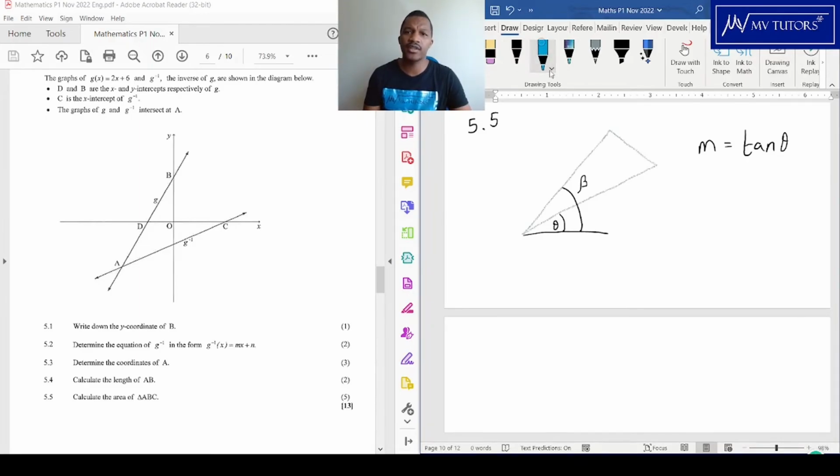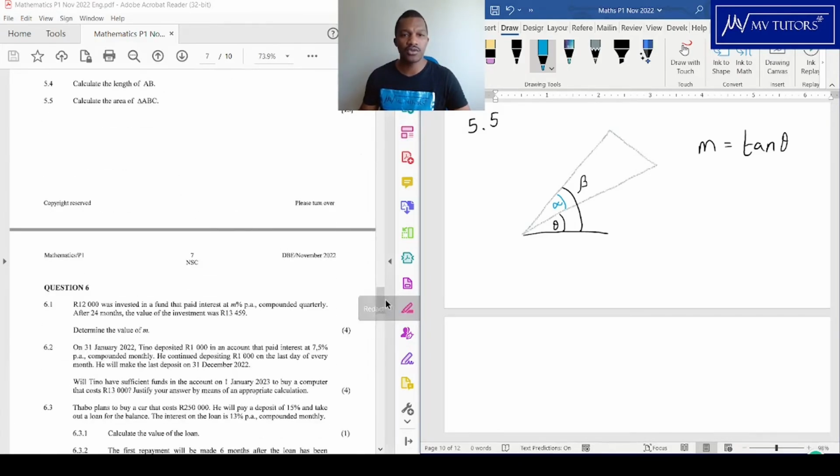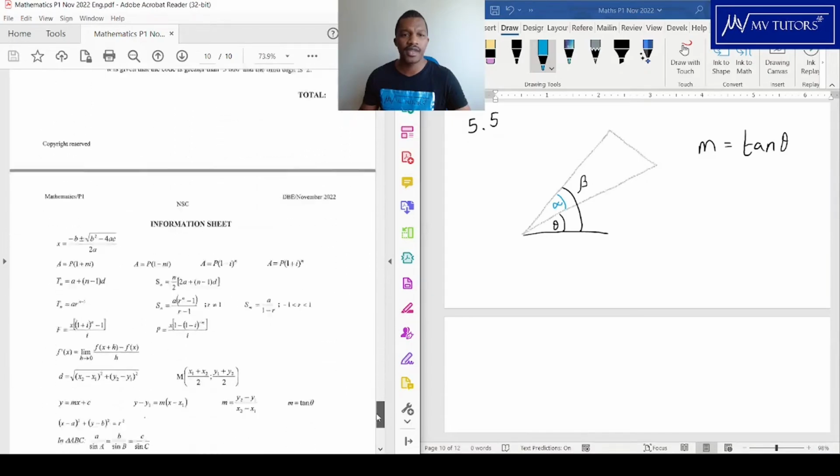And then the one that we're looking for, this blue one, I'll call alpha. So to get angle alpha, I need to take angle beta and subtract angle theta so that I get angle alpha.